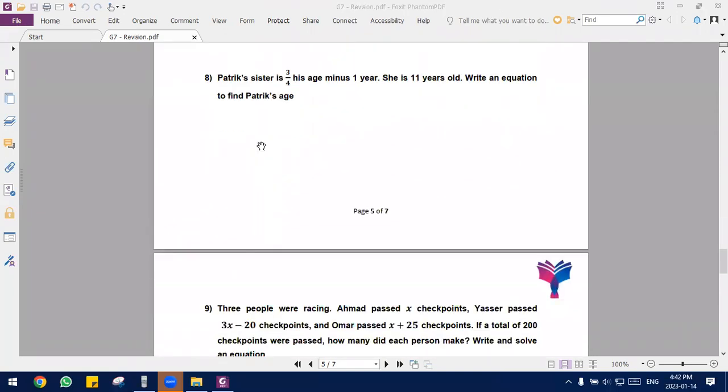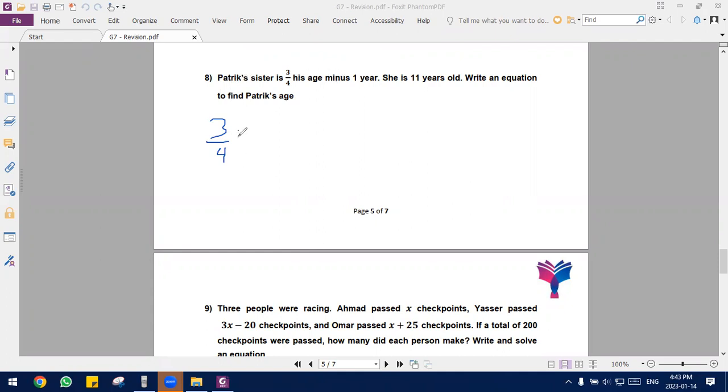Now question 8. Patrick's sister is 3/4 his age minus 1 year. And now she is 11 years old. So they are giving me her age. Now we should write the equation. They said 3/4 his age. What's his name? Patrick.